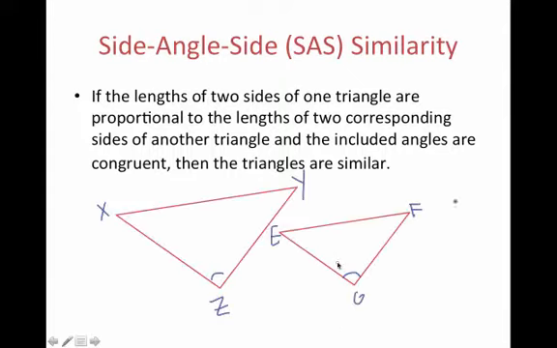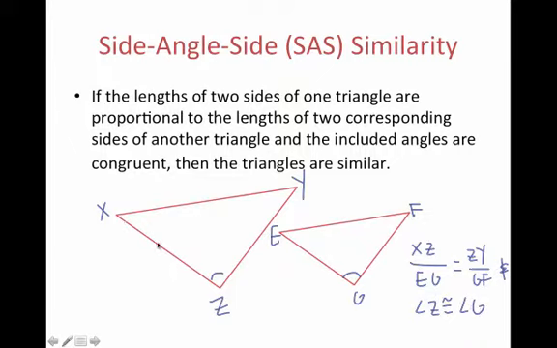So that's saying if I know that XZ to EG, that ratio is equal to ZY to GF, and then I know that angle Z is congruent to angle G, that's the included angle.